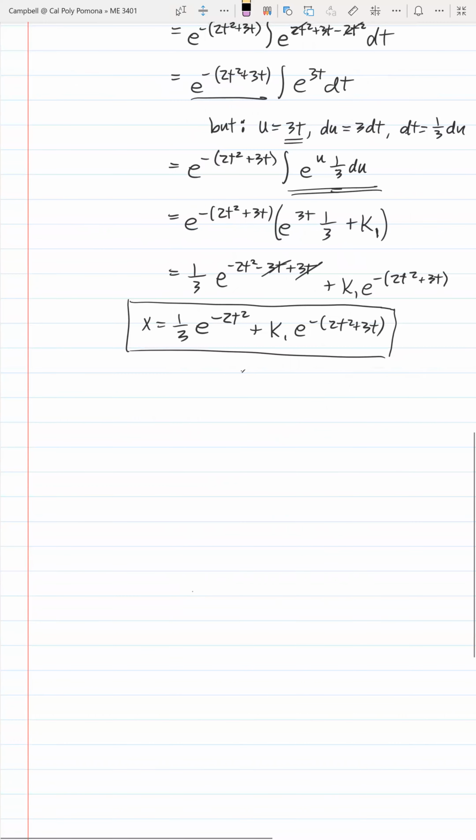There we go. Now, as I've indicated before, probably a number of times by now, let's go ahead and check our answer. So to check this answer, we simply take the derivative, dx dt, because we already have x, right? So we just substitute that back in, but I also need the derivative, so dx dt.